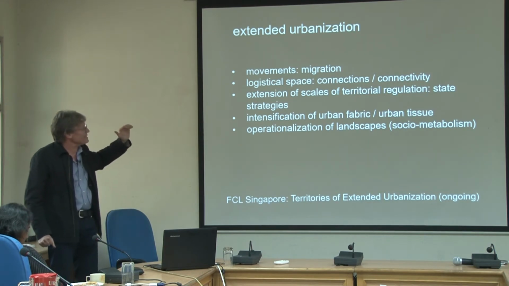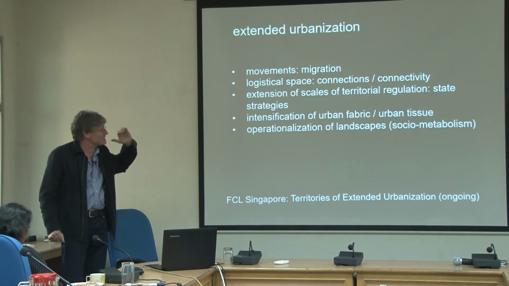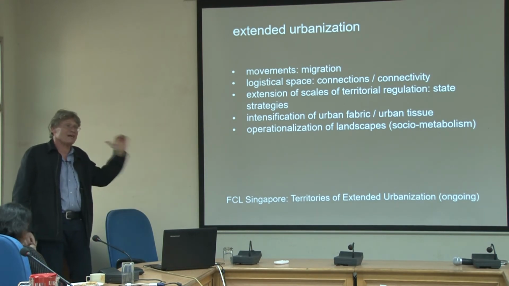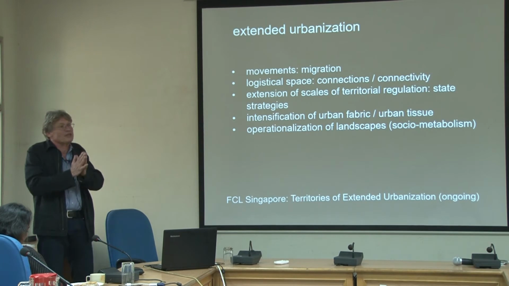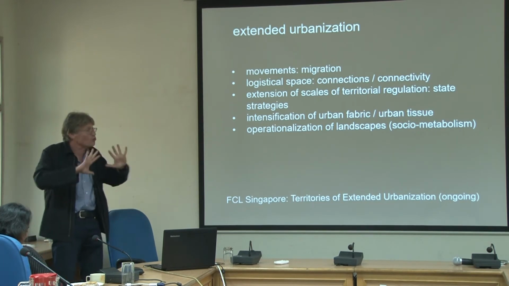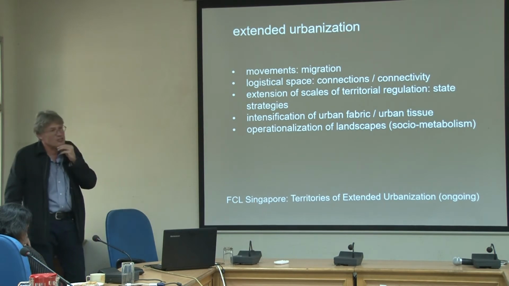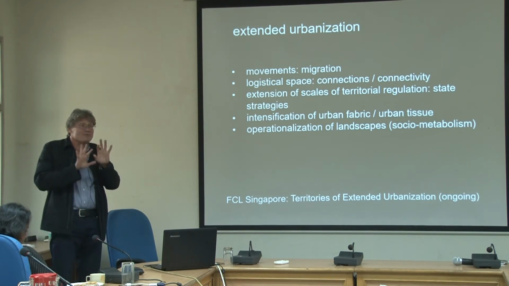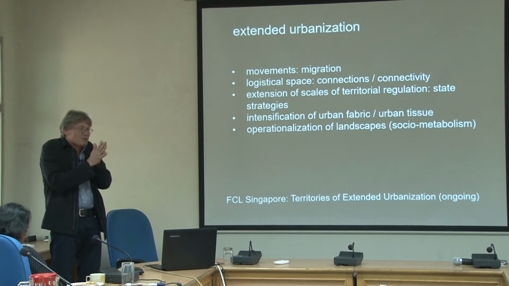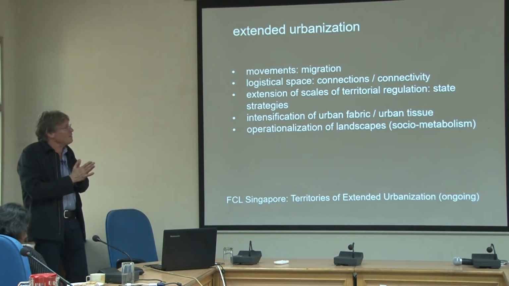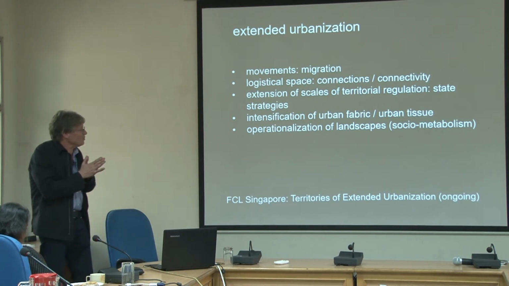Extended urbanization also means the extension of scales of territorial regulation that involve state strategies in a contradictory interplay with local strategies. It means the intensification of the urban fabric, or the urban tissue, that sometimes covers the surface of the earth.